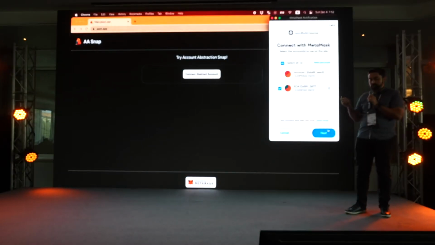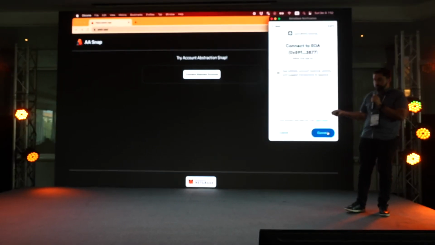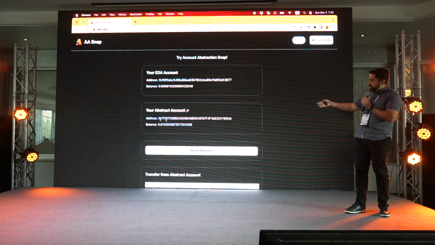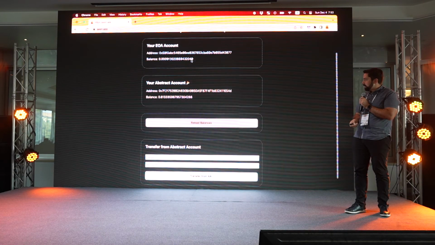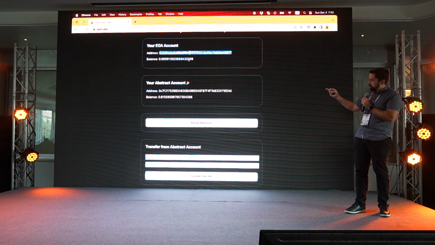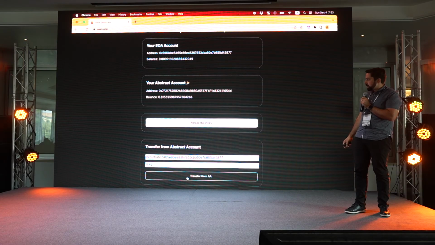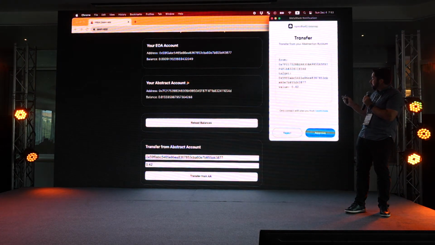And so here the user is connecting their EOA. That's just a typical key pair, you just manage your account. And then the abstract account is a smart contract that's on Polygon Mumbai, I think. That's the Polygon testnet. And so there's about 0.8 Matic in the smart contract account. The user is going to transfer to their personal account, the EOA, 0.42. And you're going to see this pop-up coming from the snap.